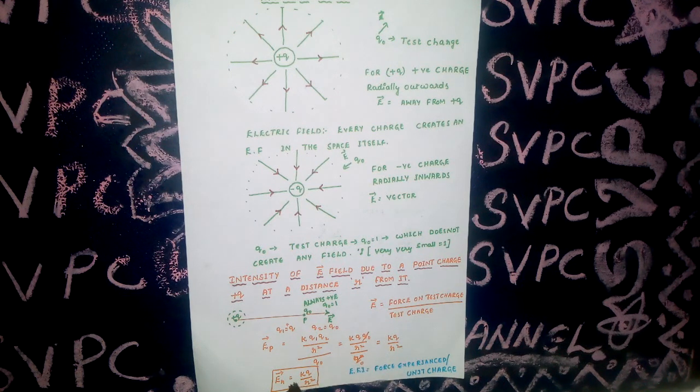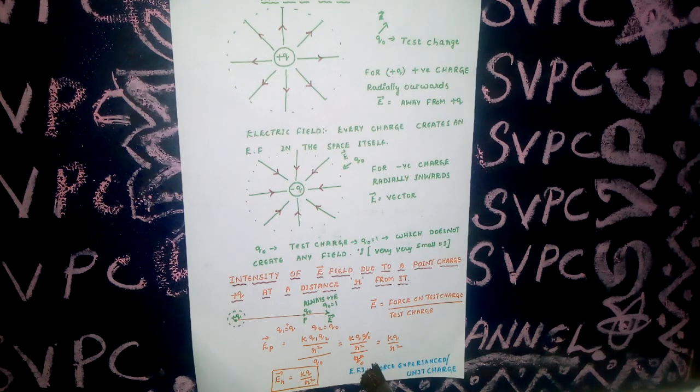So the electric field due to a positive charge at a distance r comes out to be kQ by r square. What is electric field intensity?